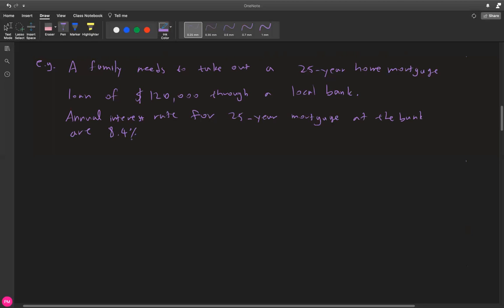This is actually a really high number for the mortgage amount. So the first question is, what's their monthly payment?